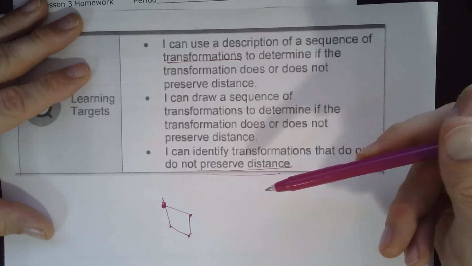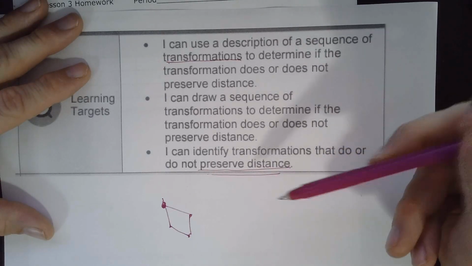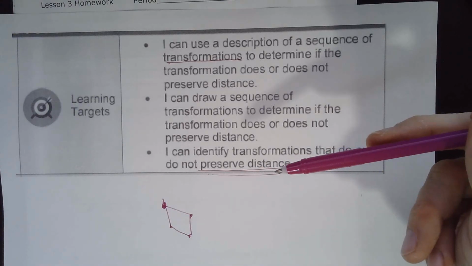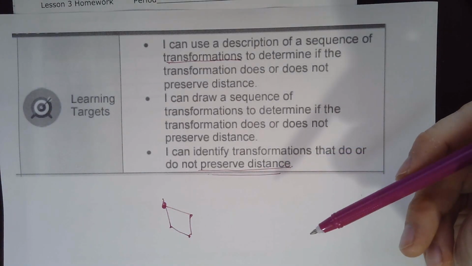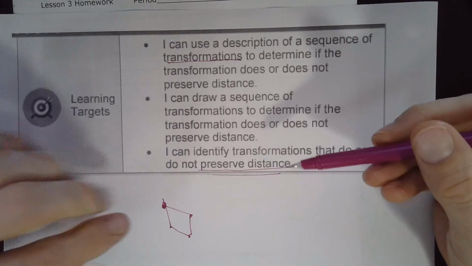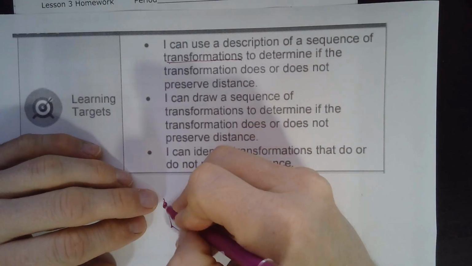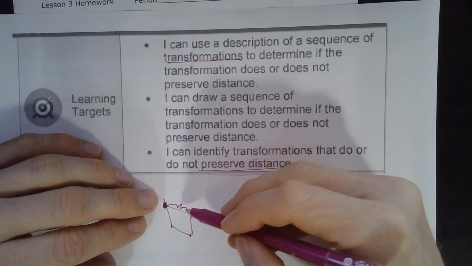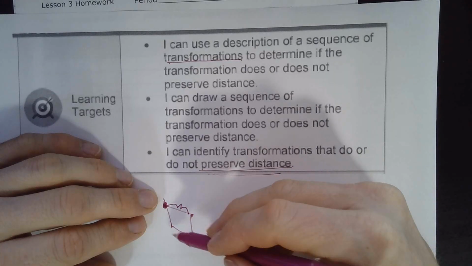And then identify, given some transformations shown, did it or did it not preserve distance, right? So again, preserving distance, or strictly speaking, line segment lengths.